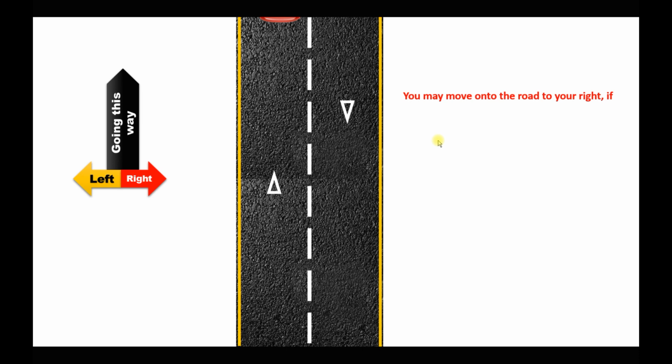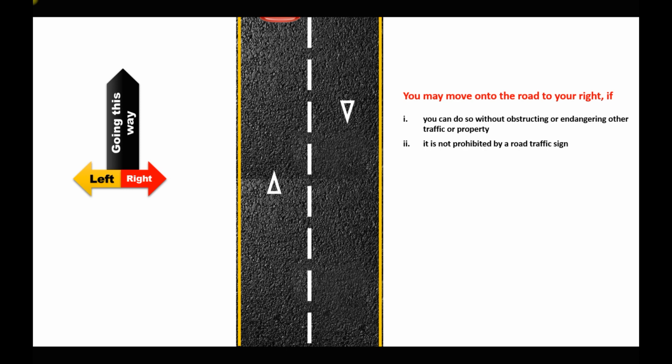Alright, so there are times when you can drive on the right side of the road instead of the left. You can do that as long as you're not obstructing or endangering any other traffic or property, and when there is a sign that doesn't prohibit you from going to the right.